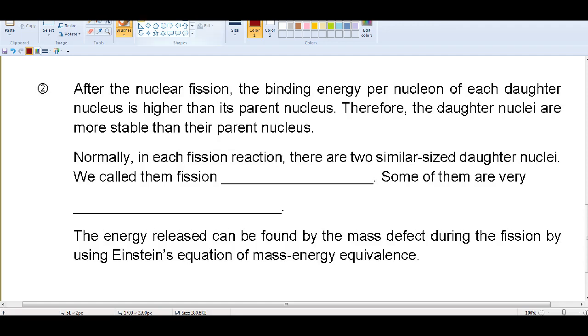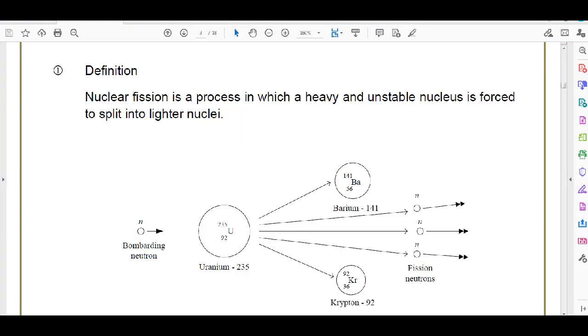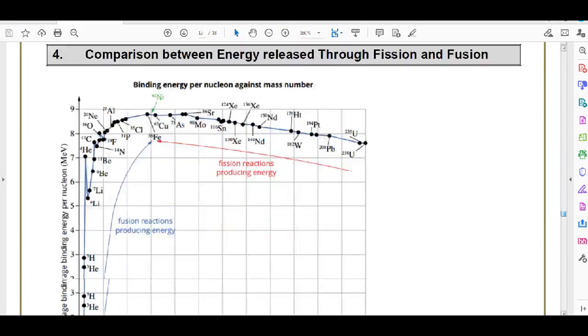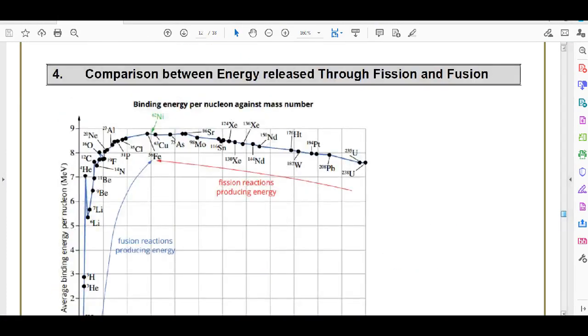So still remember the idea of binding energy per nucleon. That's a very useful measure of how stable a nucleus is. If you forget that, I might show you the chart, which is here.